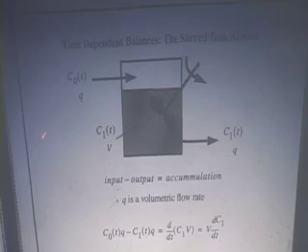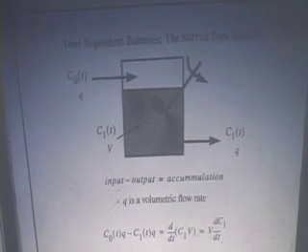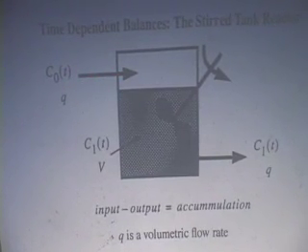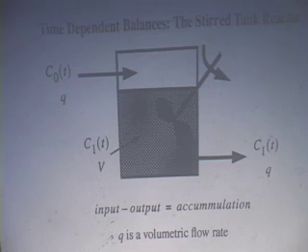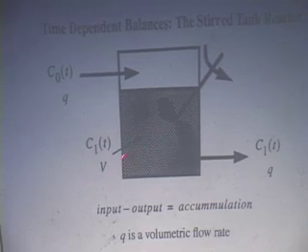Could be the drug. That's C0 of T, meaning that the concentration of drug could, in fact, vary with time coming into the tank. We fix Q in this case. C1 of T is the concentration of the drug inside the fluid in the tank at any given time T, and the fluid occupies volume V.